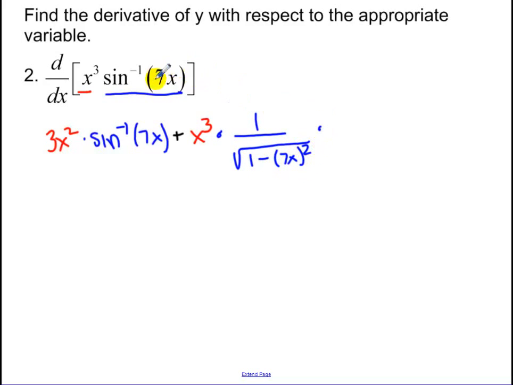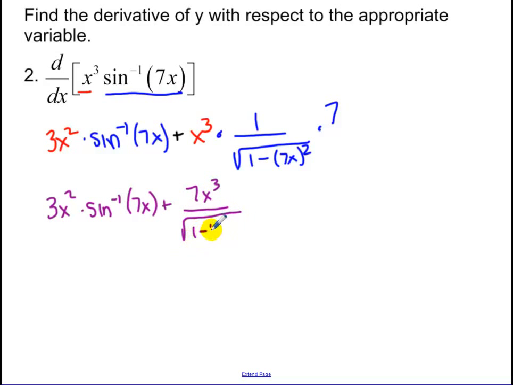And then don't forget the 7x is also a composite function, so we have our chain rule times 7. So then simplifying, and I'm okay if you leave it like that.